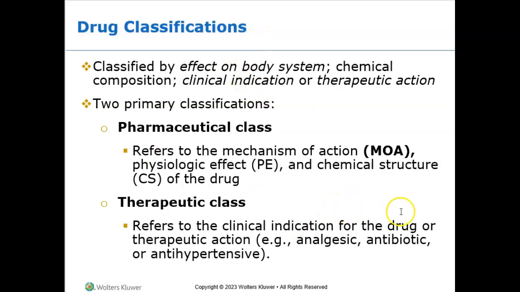You have therapeutic classes of medications, which specifically assist in treating the symptoms or the root cause of what's going on. Or you have mechanisms of action, or the chemical structure of the medication. So the mechanism of action is how it actually is working on the body, and the therapeutic class is what it is doing, or what it is treating.